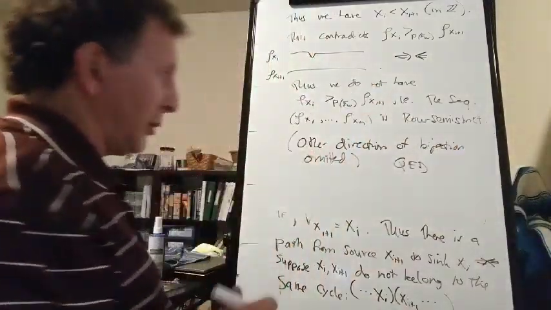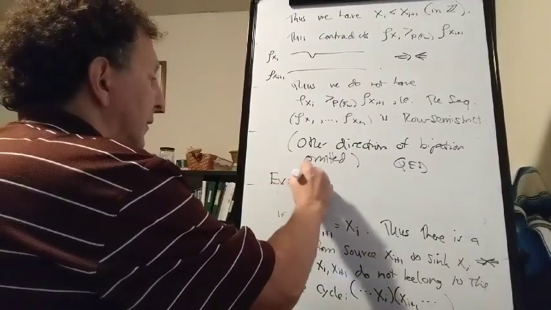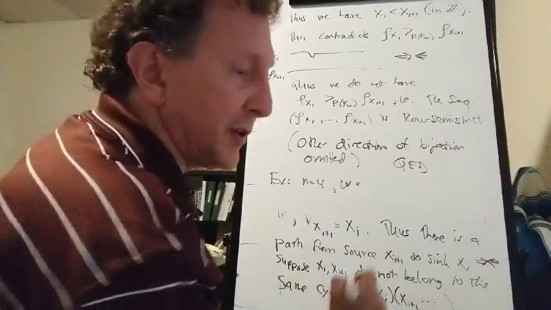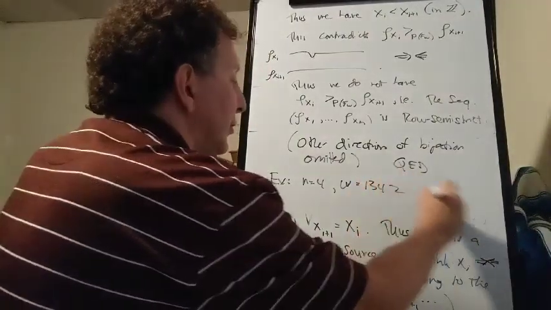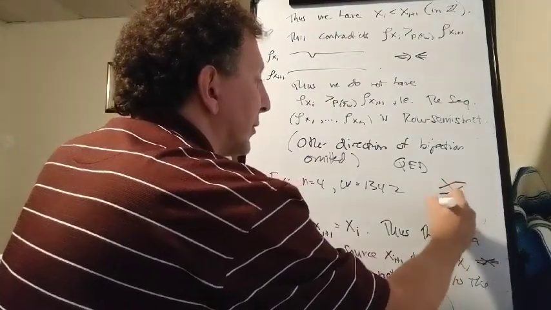All right, so let's do an example. Let's do the same example we did before. So n equals 4. W is the permutation 1, 3, 4, 2, which has this descending star network.